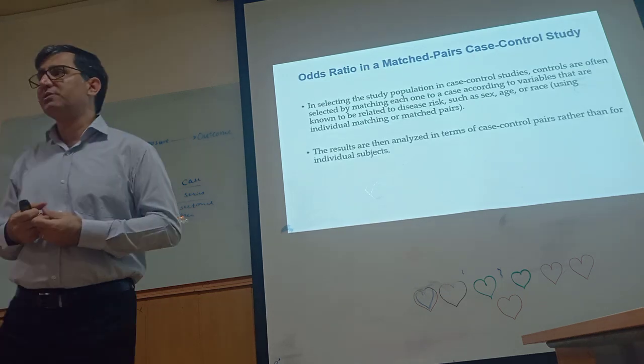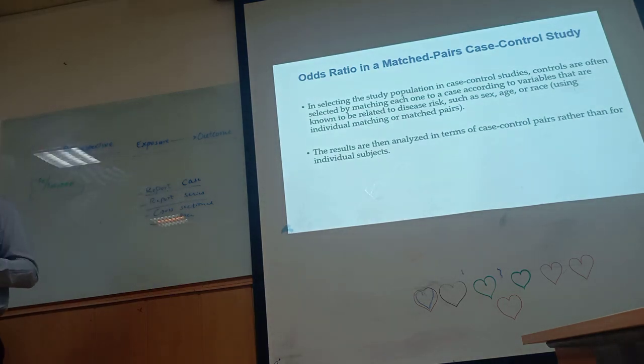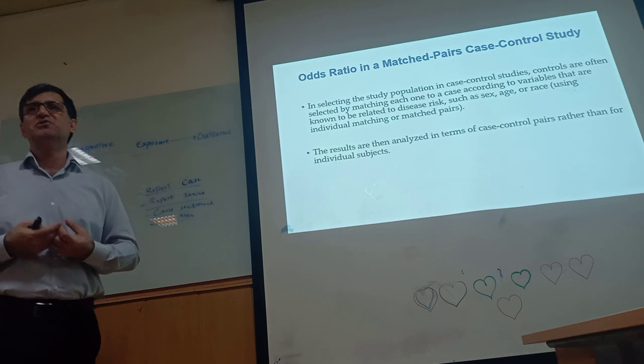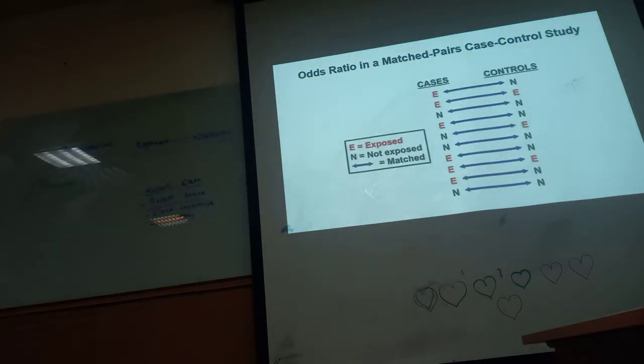But when we conduct a matched case control study, the way that we calculate the odds ratio is different. Okay? How can we calculate the odds ratio in a matched case control study? In a matched case control study, especially in an individually matched case control study, we have pairs of cases and controls.